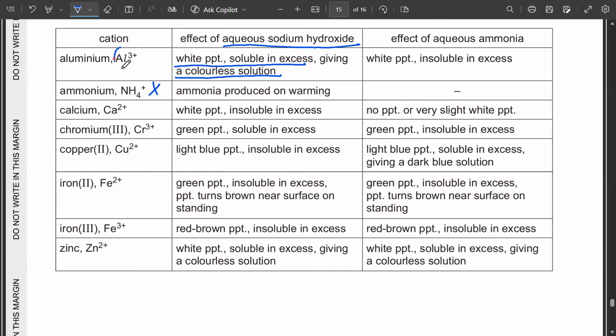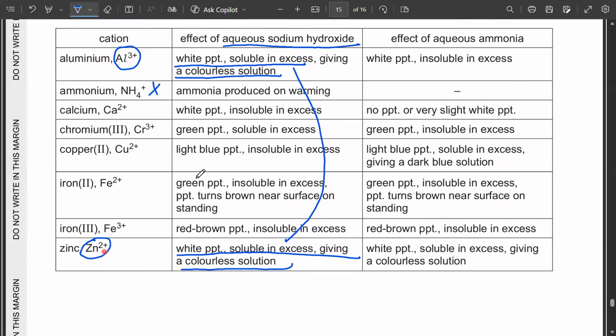Aluminum ion is giving you the same result, and zinc ion is also giving you the same result. White precipitate soluble in excess, giving a colorless solution. So both of these results are the same. So it means there is aluminum ion or zinc ion.